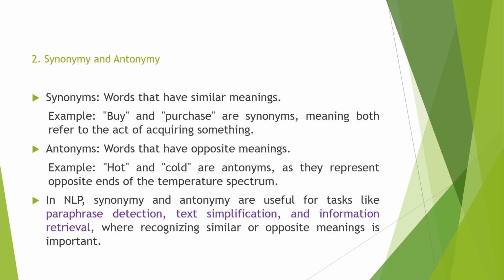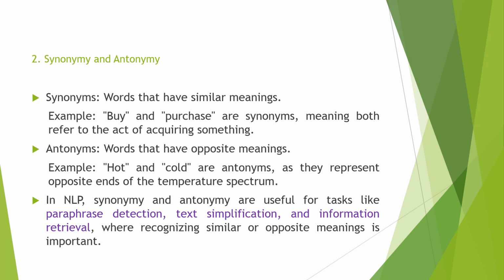And we also deal with synonyms and antonyms. Synonyms are words that have the same or similar meanings. For example, buy and purchase may express the same thing, that is the act of buying something, acquiring something. So we have to handle this carefully. And antonyms are words having opposite meanings to be analyzed.